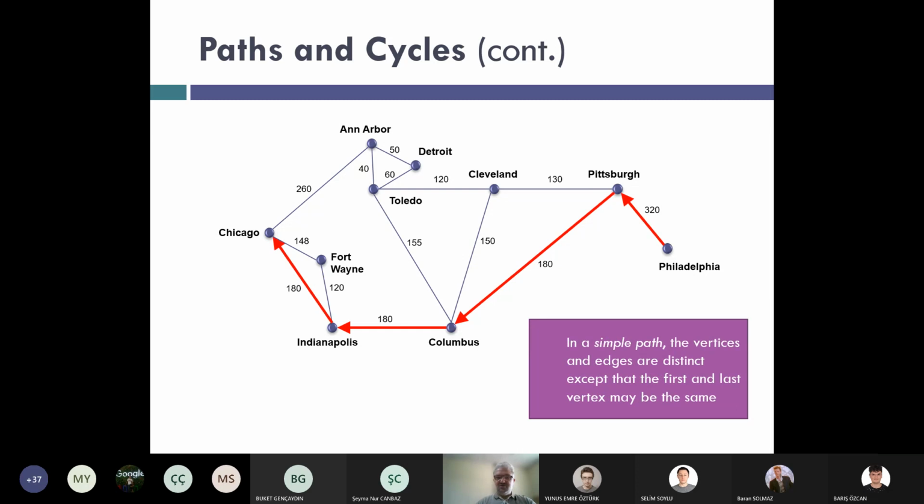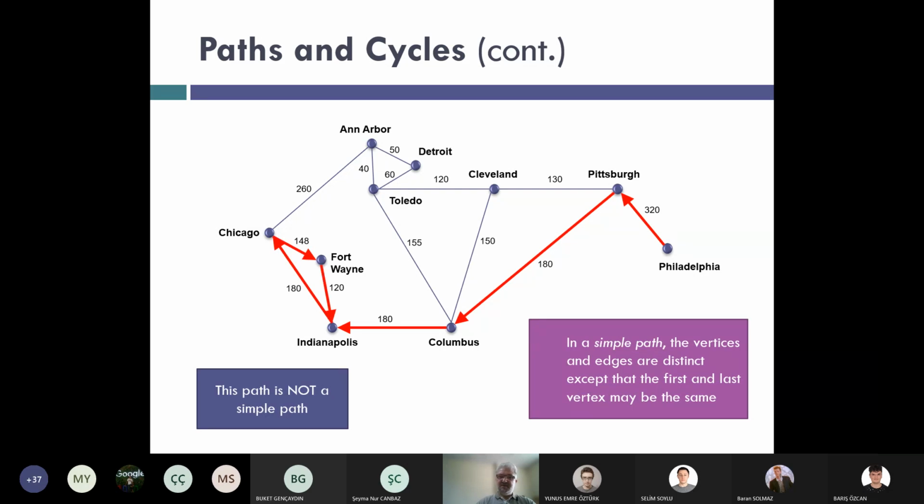A path is called a simple path if there is no repeated vertex in this vertex sequence. If all the vertices are distinct, then this is a simple path.